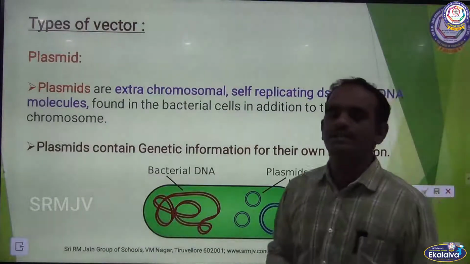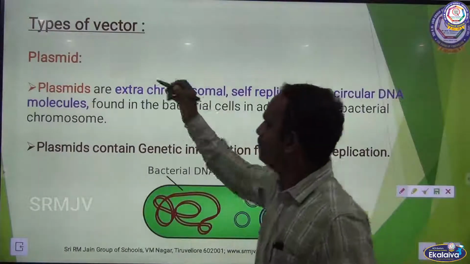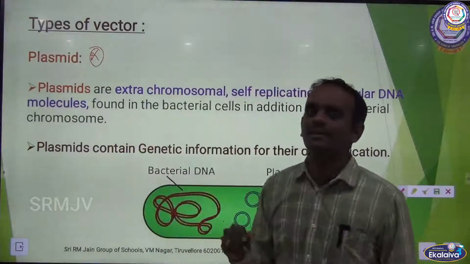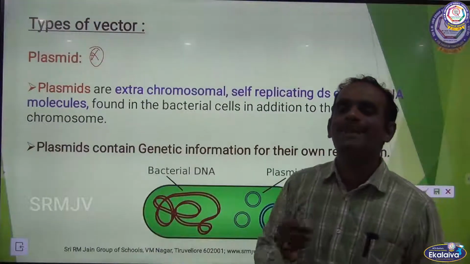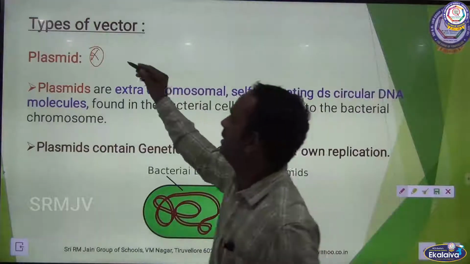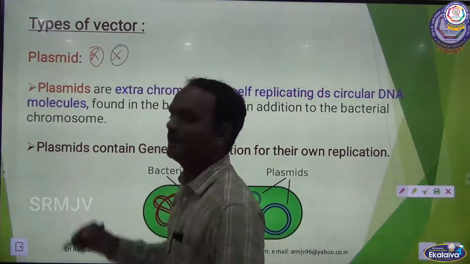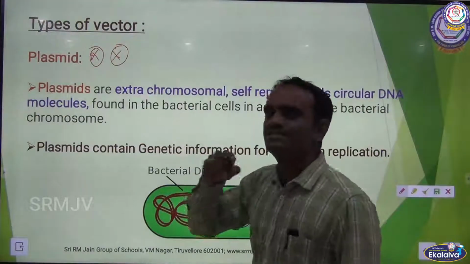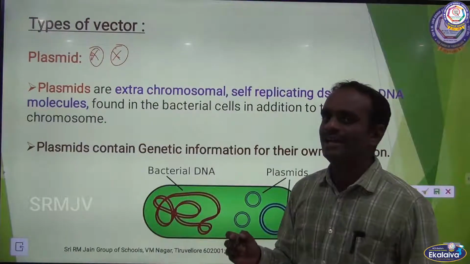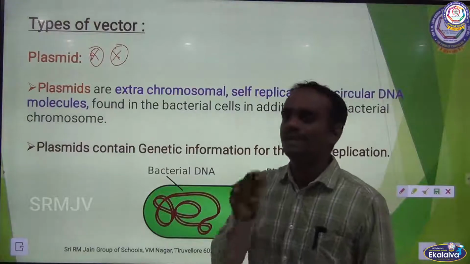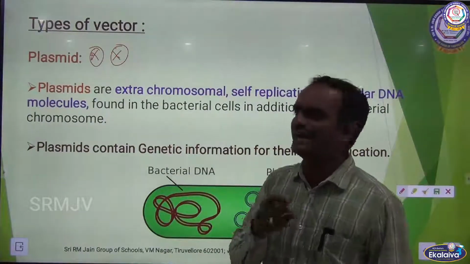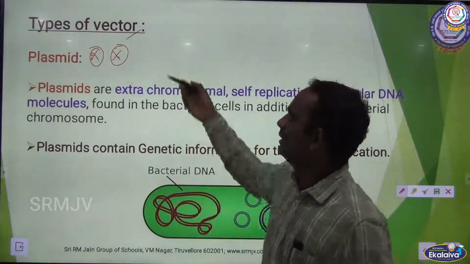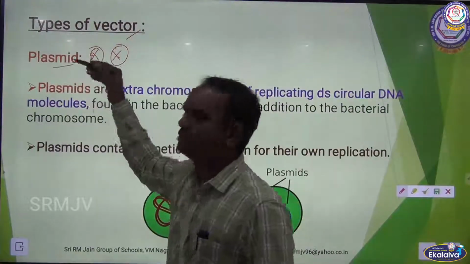Then types of vector, children. First one, a very important vector we often use. The name of the vector is plasmid. Very important question. Plasmids are extra chromosomal, self-replicating double stranded DNA. As I said earlier, a vector is a DNA segment, so plasmid is also a vector.